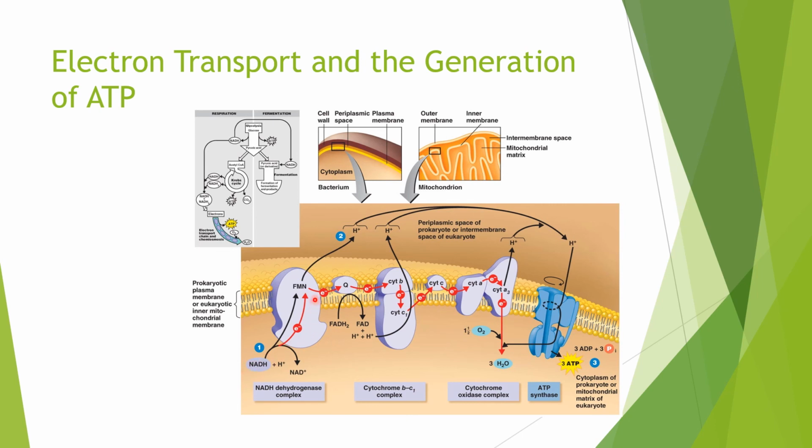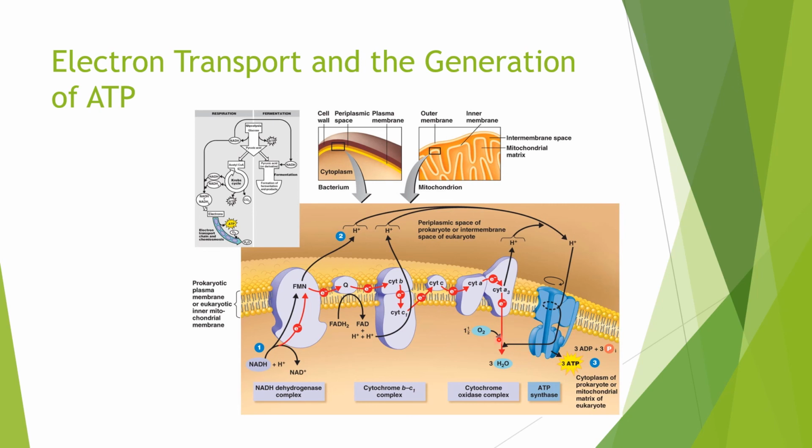Once those electrons are released, a bunch of hydrogen protons are going to move from the mitochondria matrix to the intermembrane space. Then those protons are going to come down this ATP synthase, this enzyme. As they come down that ATP synthase, lots of ATP molecules are going to be released.